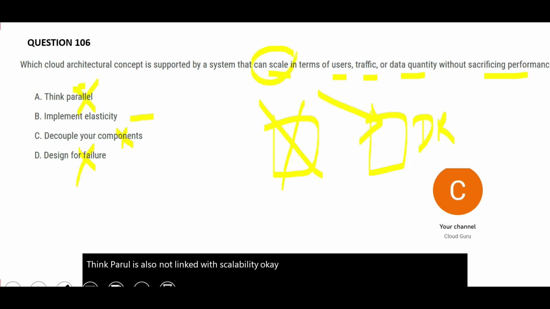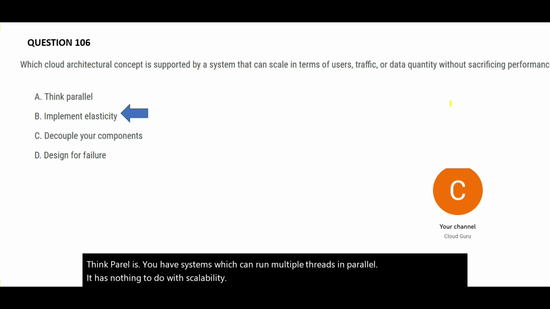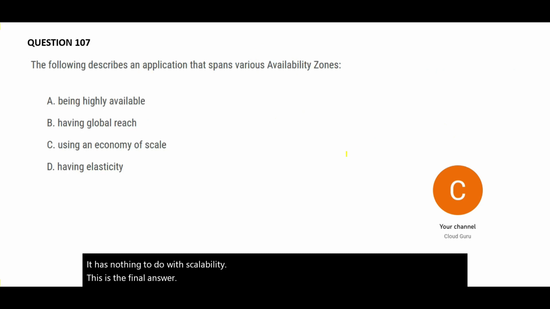Think parallel is you have systems which can run multiple threads in parallel. It has nothing to do with scalability. This is the final answer. Let's look at the next one.